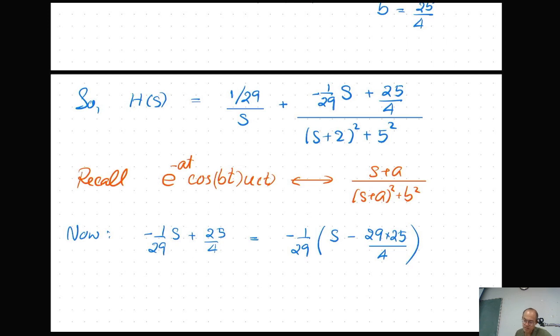I took the minus 1 over 29 out. The goal here is I have to make it s plus 2.